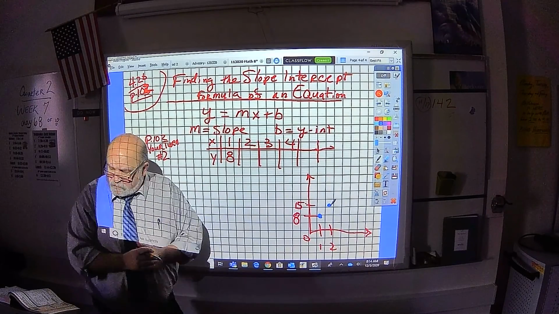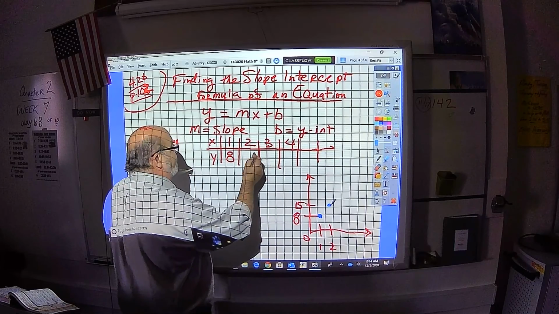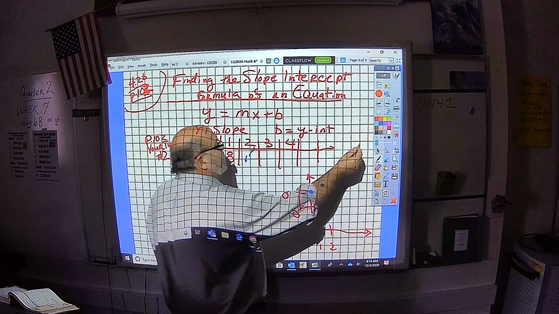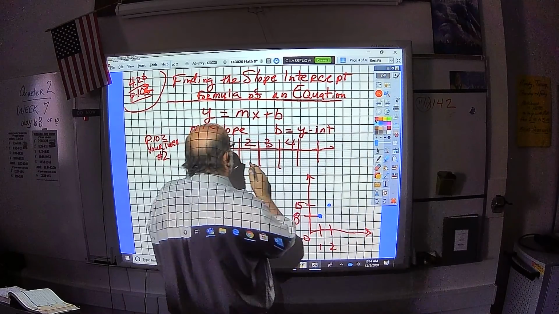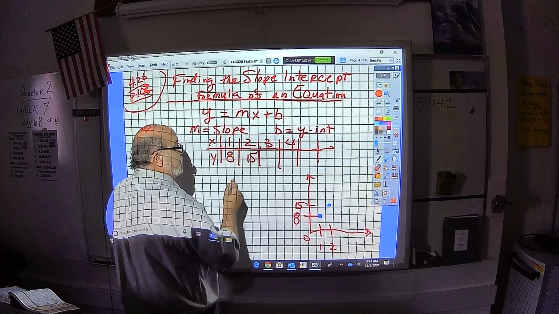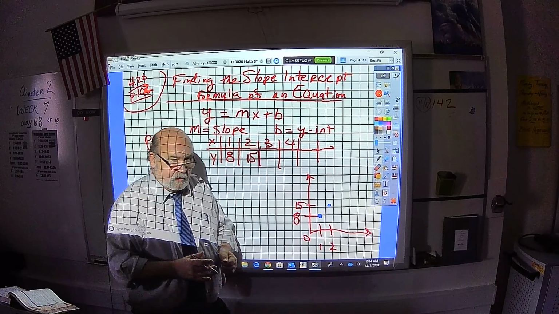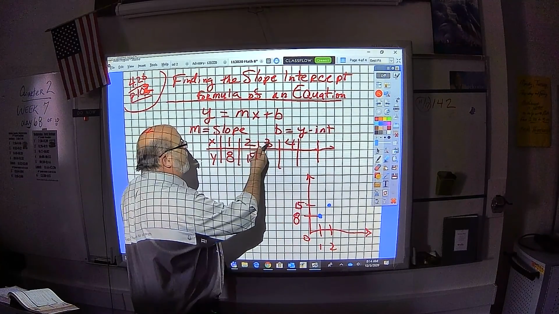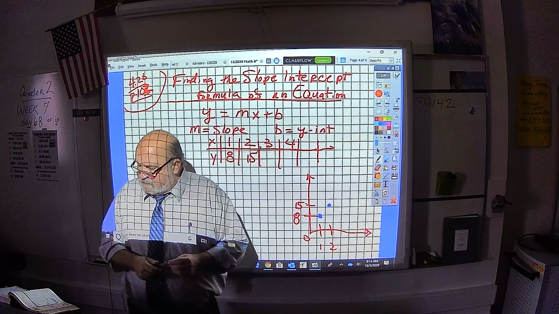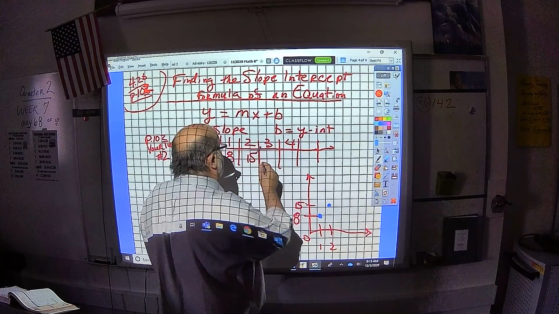So number 2 is going to be a value of 15 at y. You get what I'm doing here, right? I'm reading the graph and I'm building a chart. Read the graph, build a chart. Then the value of 3 for x is 22.